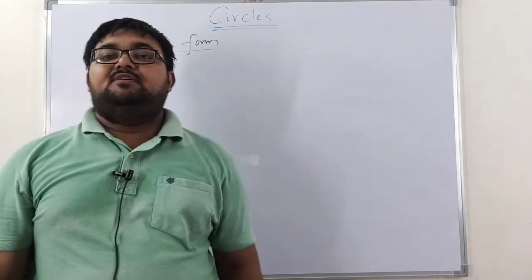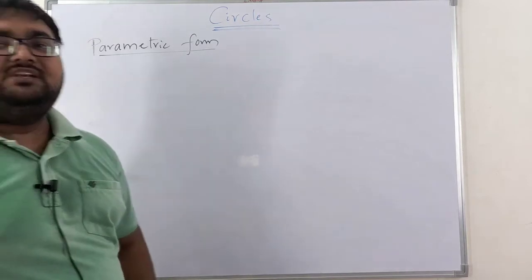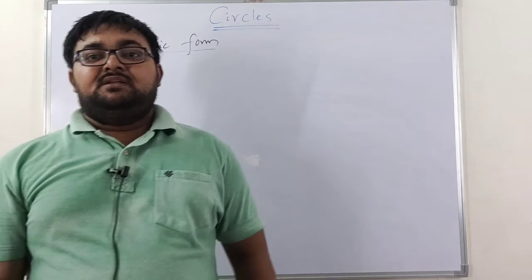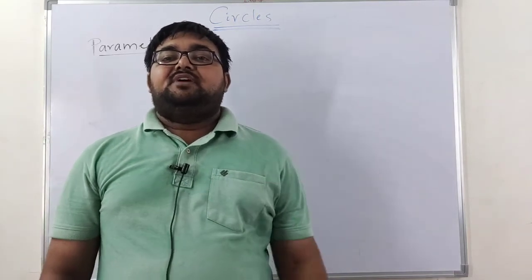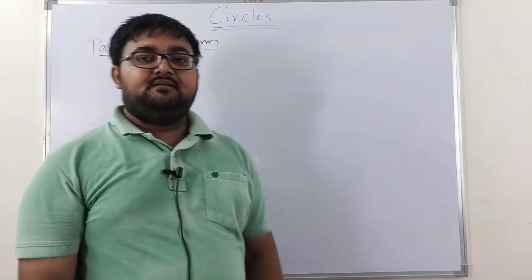Okay, then the last form is nothing but the parametric form. So parametric form means you need to represent in terms of some parameter, right. So here the parameter that we are going to use is theta, which is nothing but an angle, right.